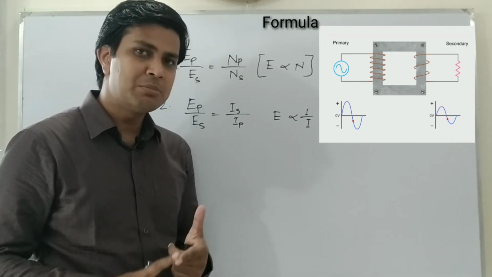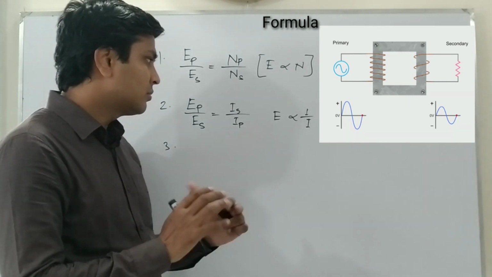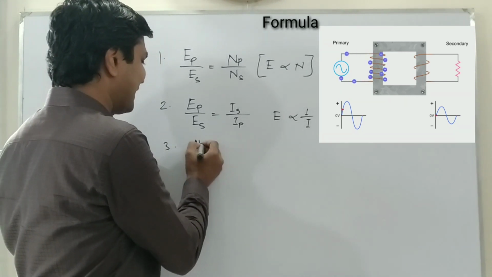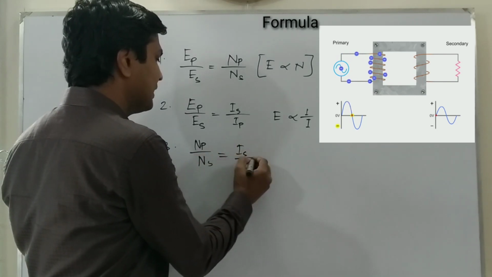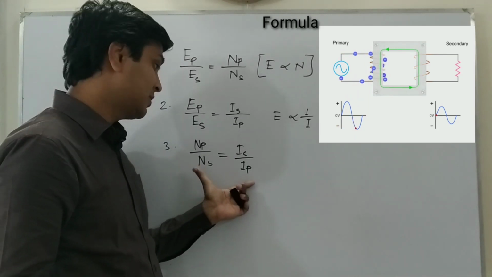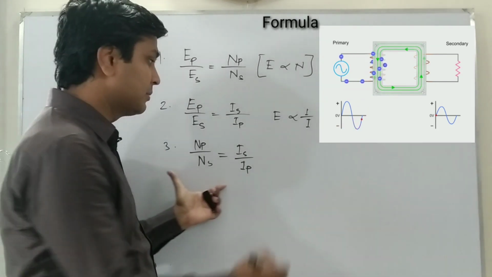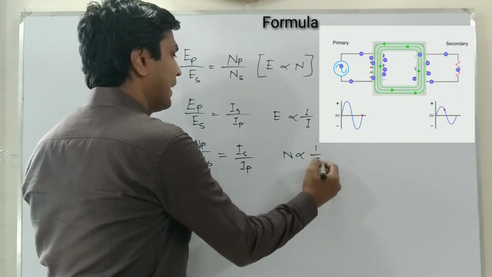Finally, the relation between current and number of turns. The formula is NP divided by NS equal to IS divided by IP. That means number of turns is inversely proportional to the current. NP is proportional to 1 by I.